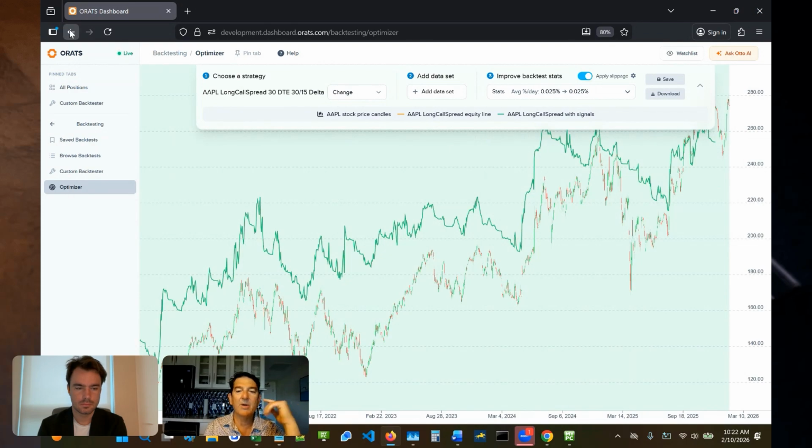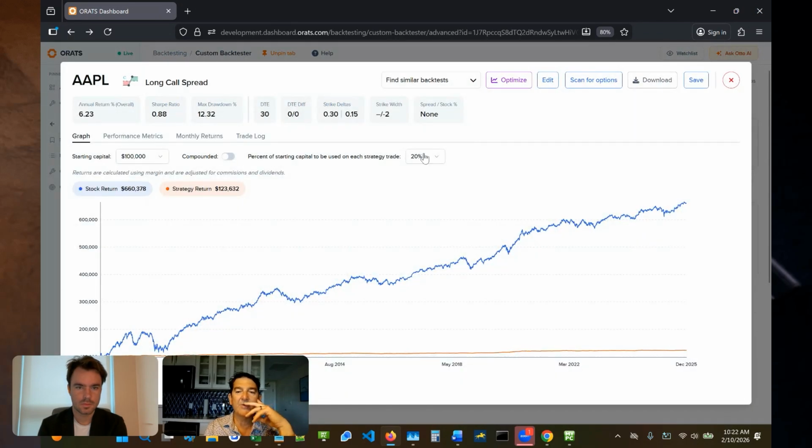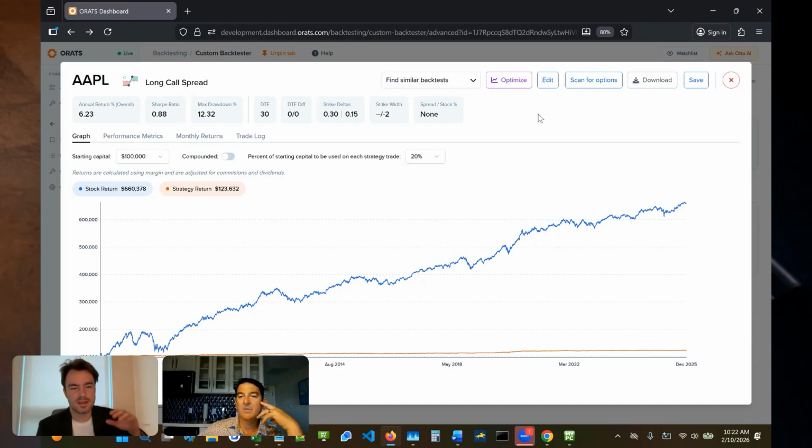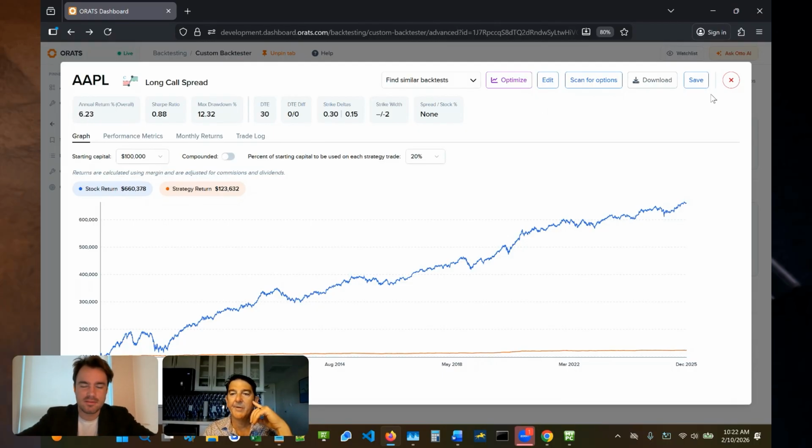Again, I don't want to get too far into the optimizer here. Just to clarify, the optimizer has about 100 ORATS indicators. In this advanced custom backtester, you can actually set them manually in the entry and exit indicator triggers section. So we're bringing that into the advanced custom backtester too.